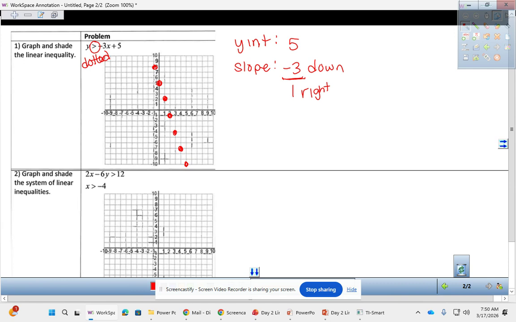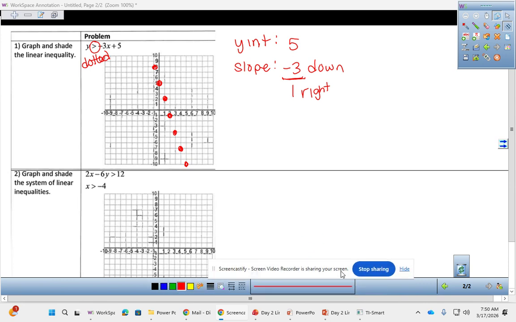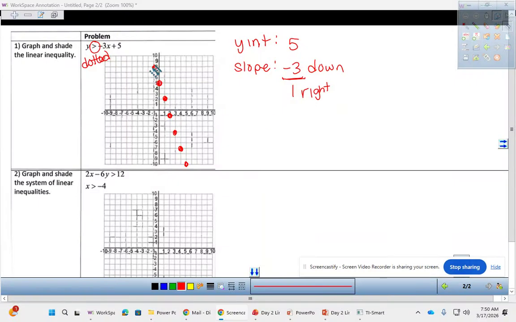I just want to know that you know it's supposed to be dotted and not solid. So if you made a solid line, you can just add a note like this is supposed to be a dotted line. All right, so when I grab the ruler, I'm going to choose the dotted line. If you did a solid line, you're just going to make a note like I meant for this to be dotted.